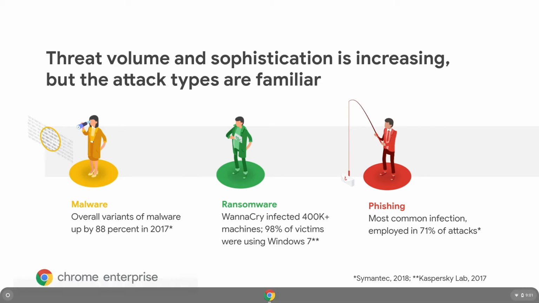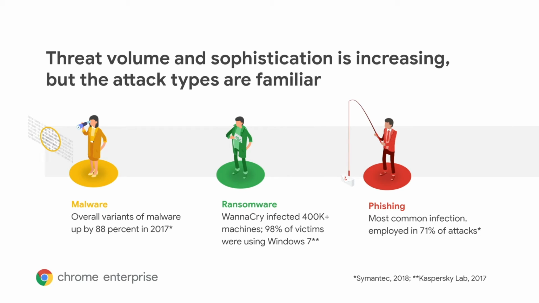So I think we're all aware in today's environment that the threat of sophisticated attacks is constantly on the increase. Overall, malware variants have increased 88% since 2017, and the attack vector surfaces have increased. Ransomware, like WannaCry, has infected over 400,000 machines, and 98% of victims were Windows 7 computers.